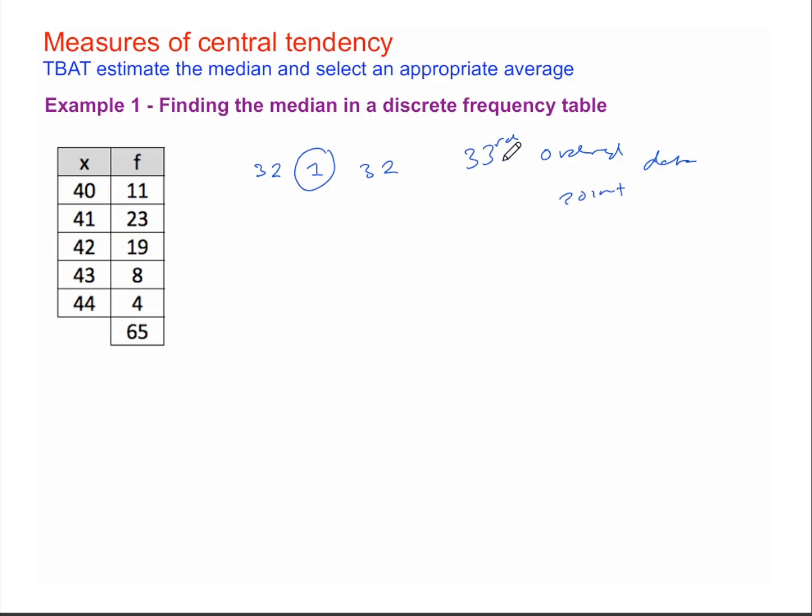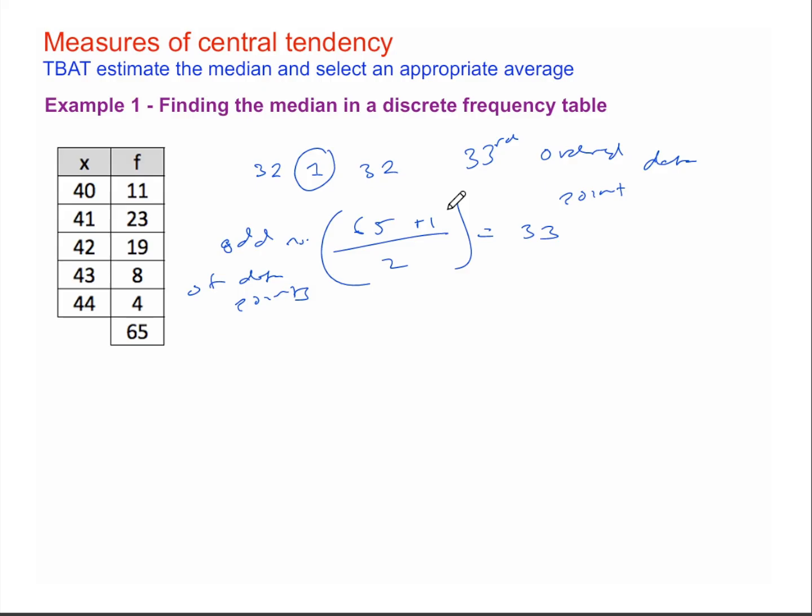The way we get that value of 33 is take the frequency, which is 65, add 1 to it, then divide by 2, half for the median. This gives us 66 divided by 2, which is 33. This only works if we have an odd number of data points, which is 65 in this case. So in this case, it was odd, so it does work out.